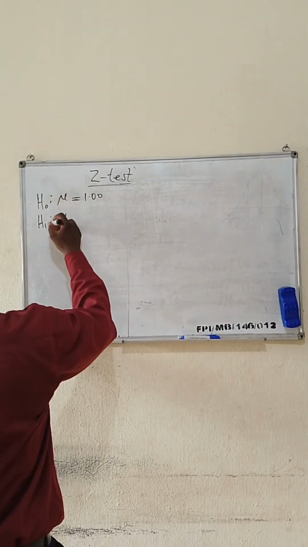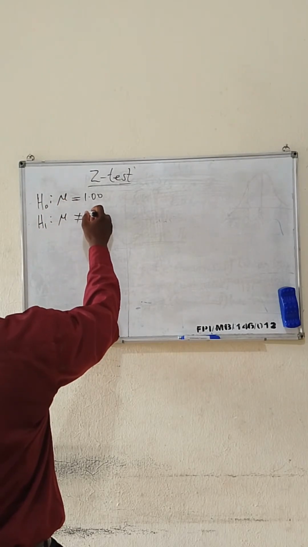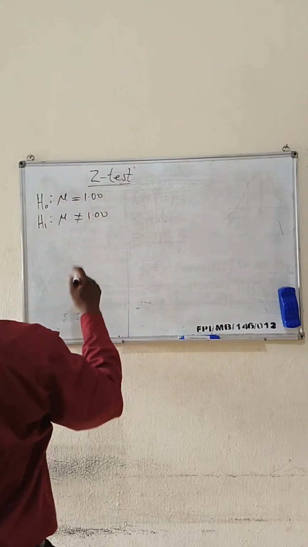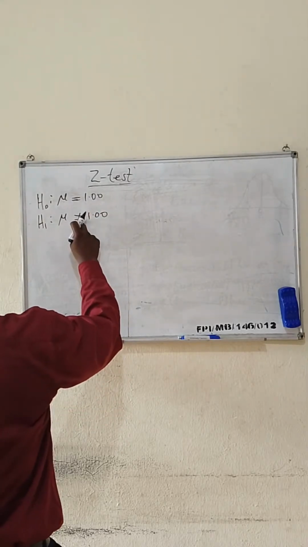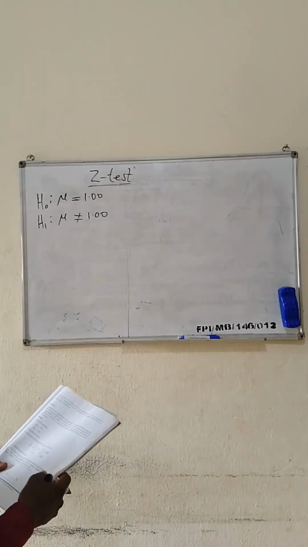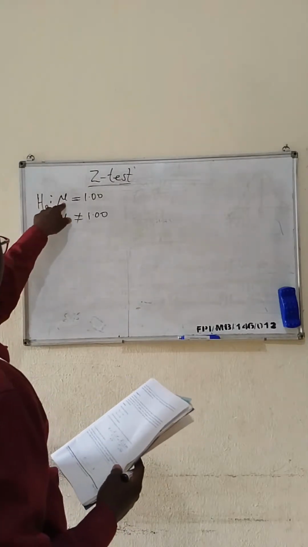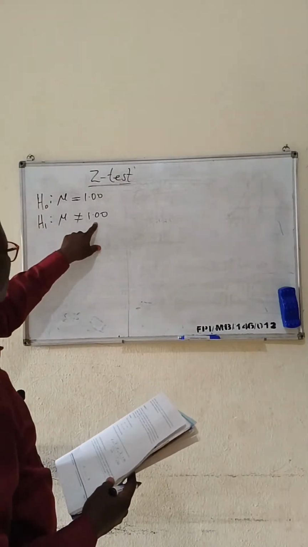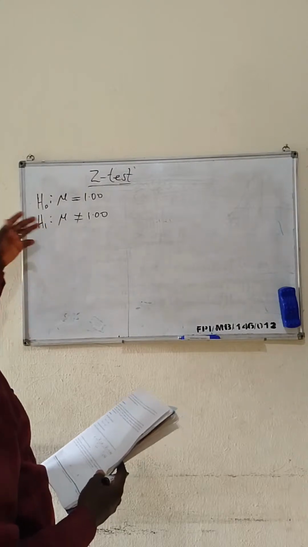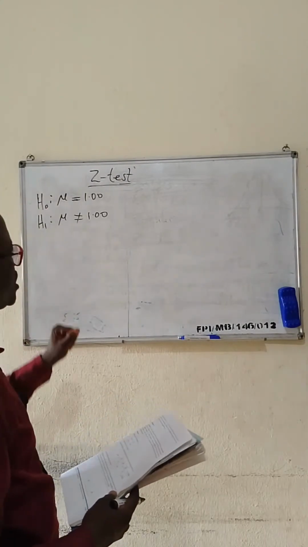Alternative hypothesis, mu not equals 1.0. Because we have not equal here, this is going to be a two-tailed test. What we are looking at is machines producing bolts that are not equal to 1.0, that is, either less or higher than 1 inch.